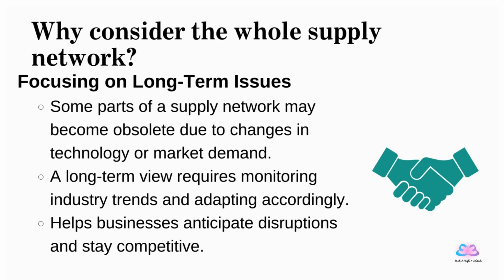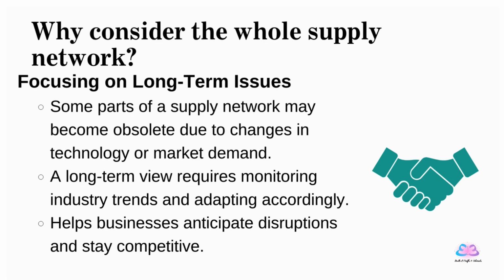The need for a long-term perspective. Now, businesses must actively monitor industry trends and be flexible in adapting to changes. This proactive approach helps in making informed decisions and staying ahead of potential disruptions. Competitive advantage comes by considering long-term trends.